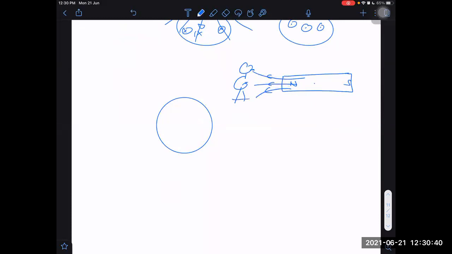Now, if I take a loop here, and if that loop is also giving me magnetic field lines pointing towards me, then I can assume that the loop is acting like a magnet in which north pole is facing me, right?